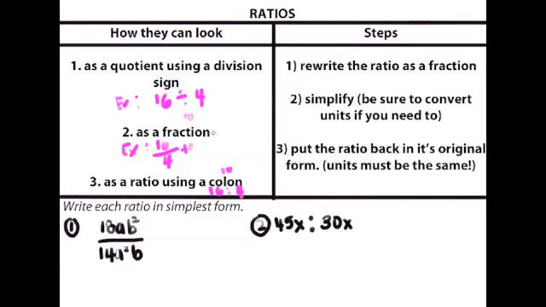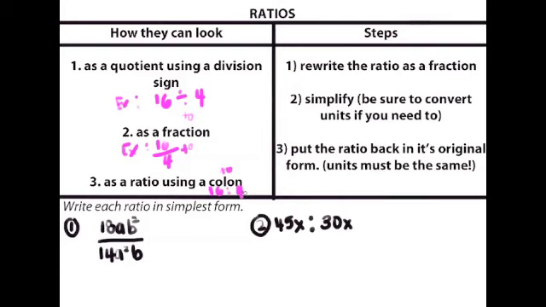Some steps for this: first, rewrite the ratio as a fraction. If it's not already a fraction, you're going to need to put it into fraction form. Then simplify, just as we've been doing in the last few chapters. Some of them might give you units of measurement like centimeters, feet, inches, meters, hours, minutes.